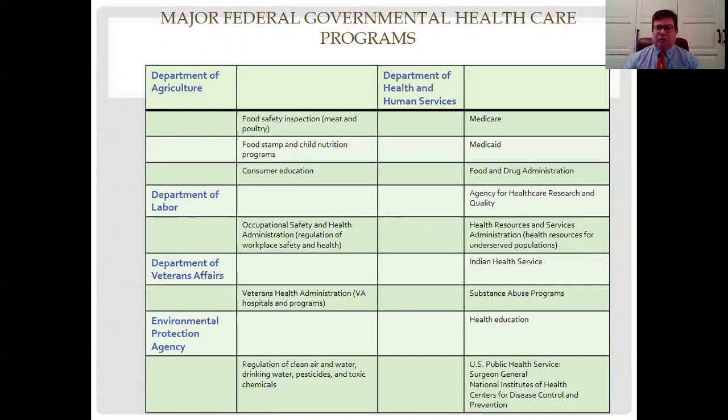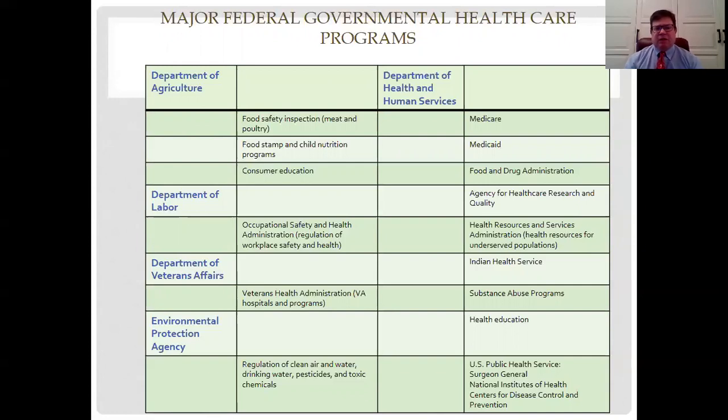So our meat and poultry and various other things are examined to ensure that they are high enough quality that people don't get sick. And that certainly is a very important aspect of public health. The Department of Agriculture also distributes food stamps and child nutrition programs. They're administered through that. And that is obviously also something dealing with public health. And then they also engage with consumer education.